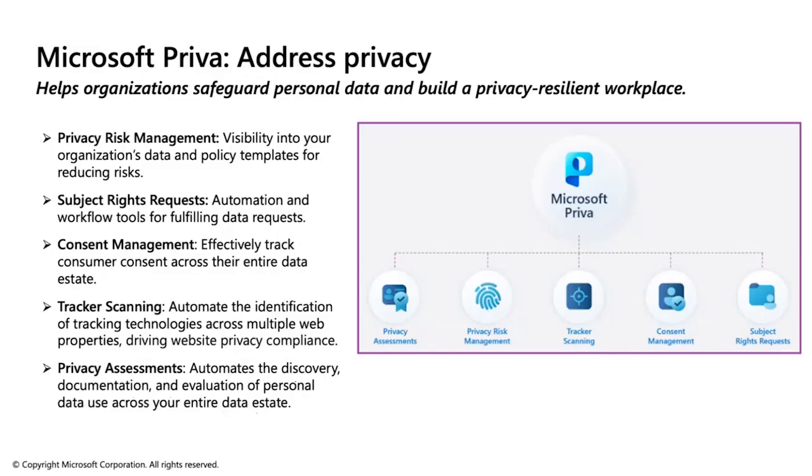Using subject rights request, this would be easy, instead of manually checking all the places and all the databases where we have Sam's data and in which format. So Priva is a very good tool for this kind of requirement, where we have privacy assessment, privacy risk management, tracker scanning, consent management, and subject rights request capabilities.